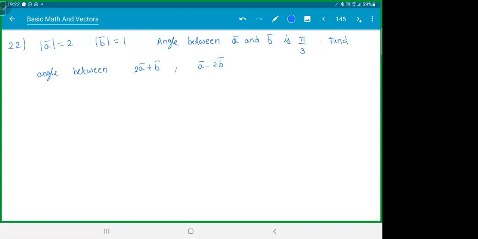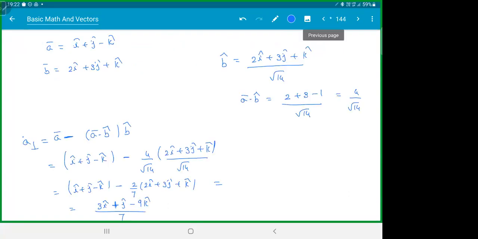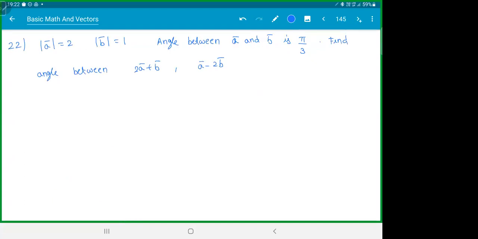In the previous question, I gave you A bar, B bar in ijk, you simply added them and finished it off. Here, I just give you the magnitudes and the angle between them.